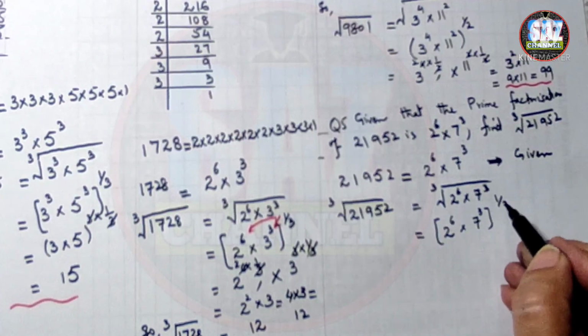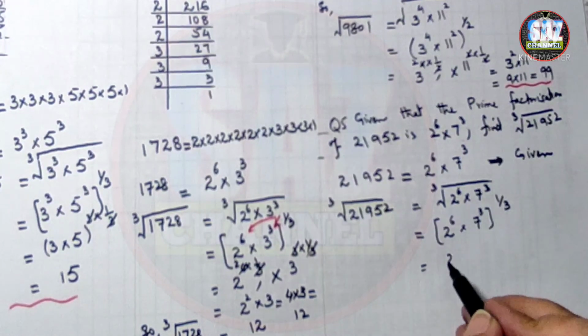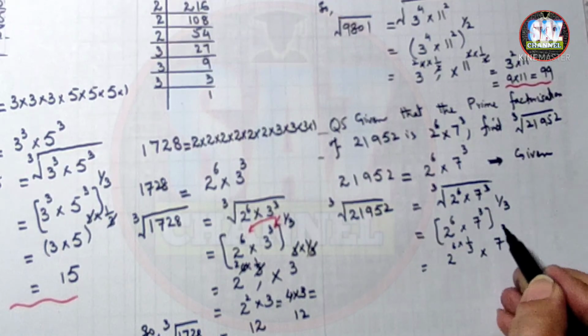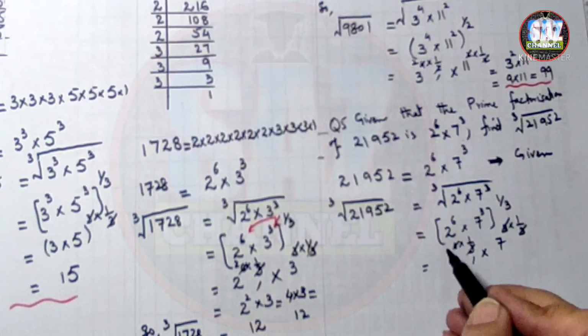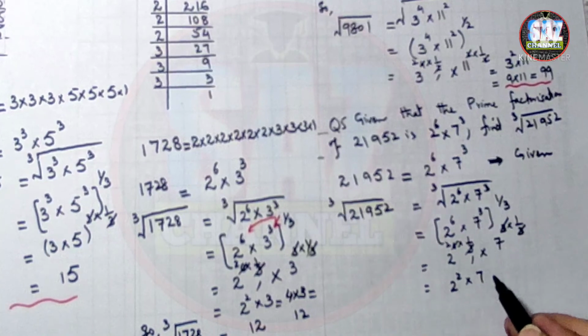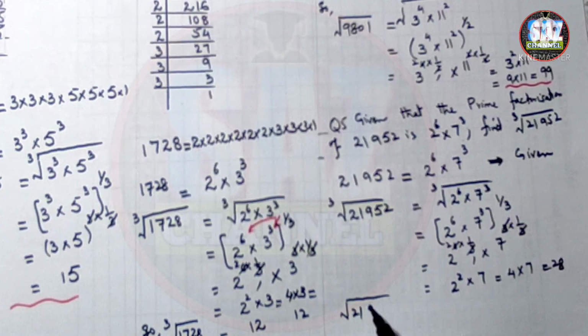This third root, you can read it as third root or cube root: 2 raised to power 6 raised to power 1 by 3, multiplied by 7 cube multiplied by 1 by 3. This goes, 3 ones are and 3 twos are. 2 square multiplied by 7, which is equal to 4 multiplied by 7, which is equal to 28. So the cube root of 21,952 equals 28.